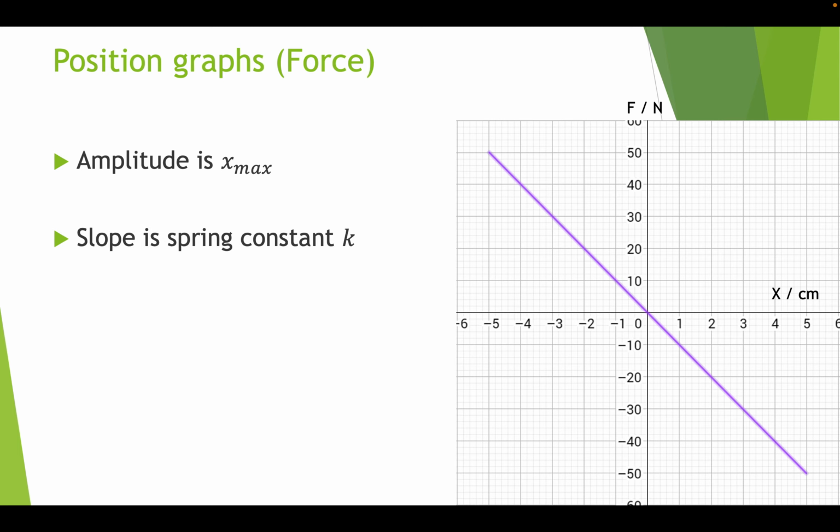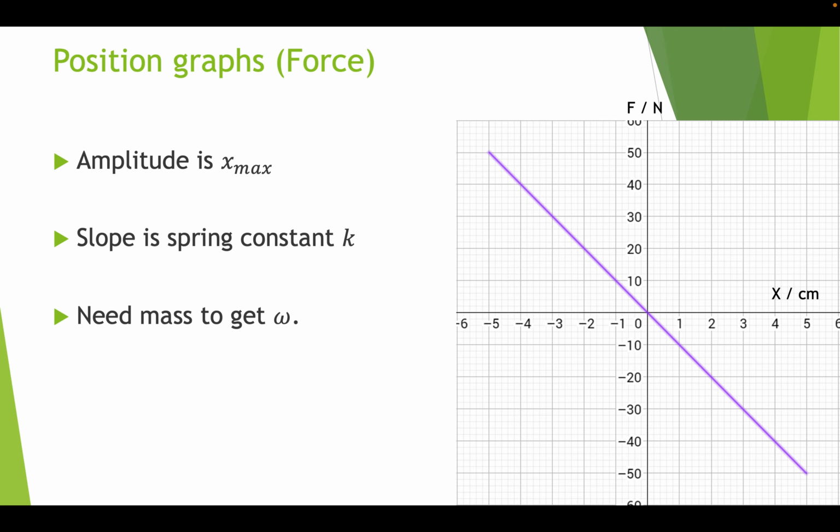And guess what the slope is? Your slope is that spring constant k. You do have to remember to throw out the minus sign because it's minus kx. So if I'm going to get omega from this graph, I'm actually going to need mass. I cannot do it simply from this graph because k divided by m is going to get me my omega.